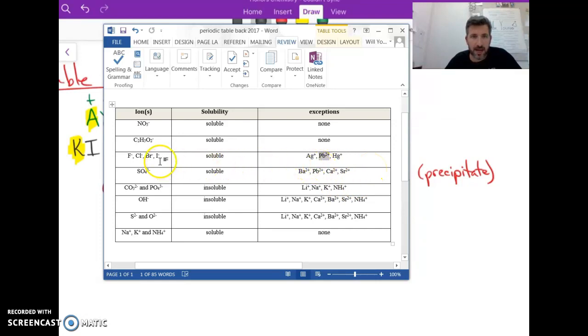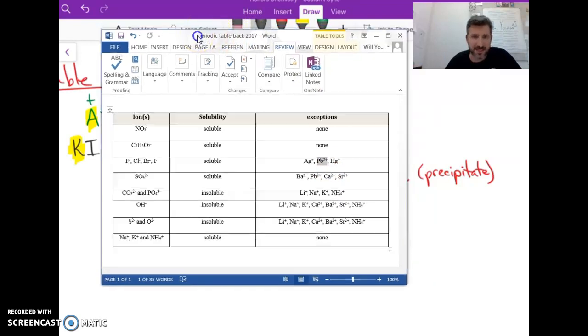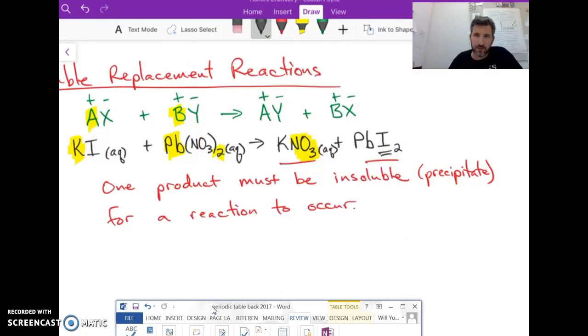So most iodides, or bromides, or chlorides, or fluorides for that matter, would be soluble and would be aqueous. But lead 2, along with these other two guys, is an exception to that, which means it's not going to be soluble. It's not going to be aqueous. So that means it's going to be insoluble, which means that I'm going to put the physical state s for solid next to the PbI2.